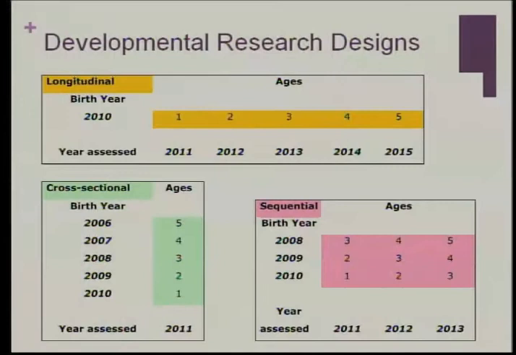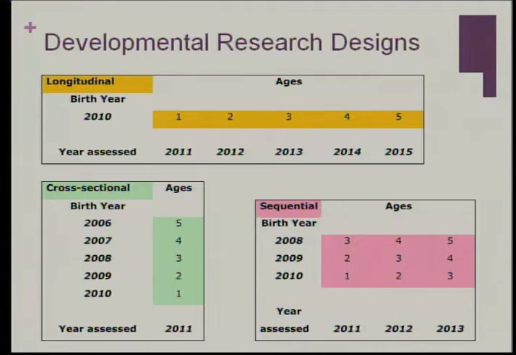One way to separate this out is to use the sequential design, and that's there in the bottom right corner of the slide. This is kind of a cross between the longitudinal and cross-sectional designs. In this case, I'm going to study one group from 1 to 3 years of age, another group from 2 to 4 years of age, and another group from 3 to 5 years of age between 2011 and 2013.